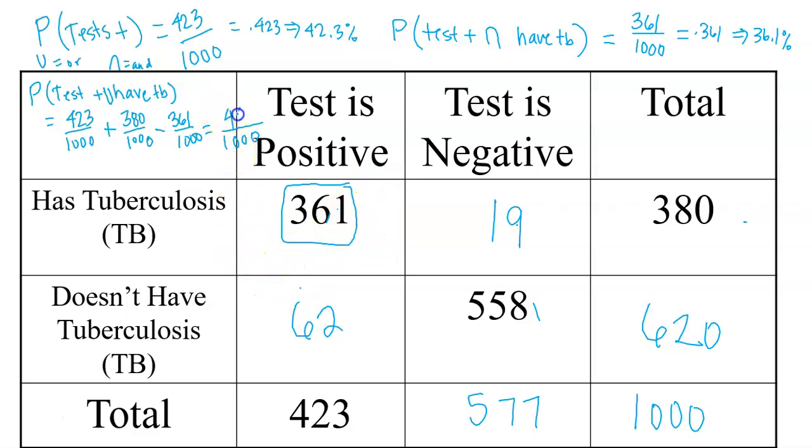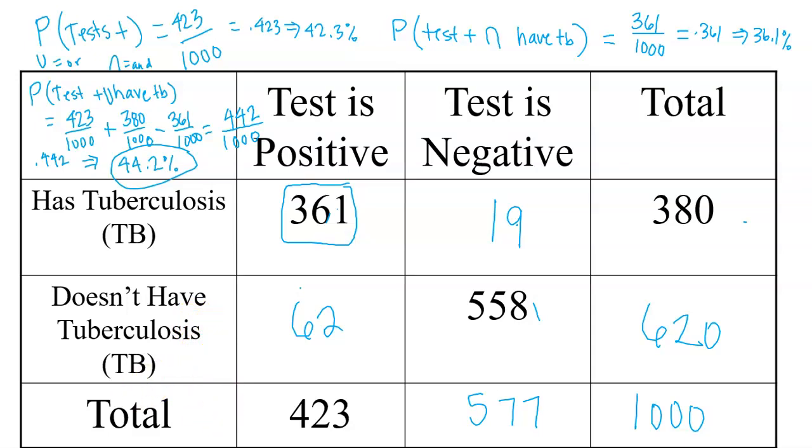So 442 out of 1,000, which would give us 0.442 or 44.2%. Okay, so that would be the probability that they either test positive or have tuberculosis.